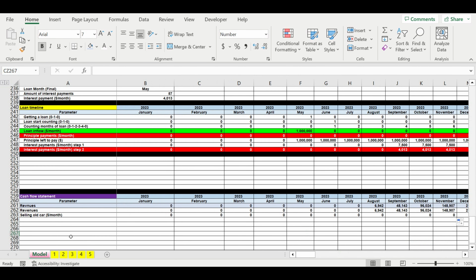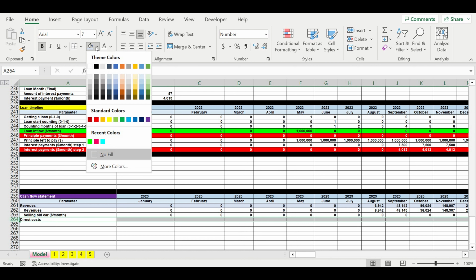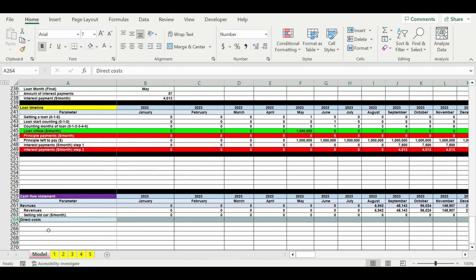Now let's move to direct costs. As you can see, we are not putting the inputs right inside the cash flow statement.